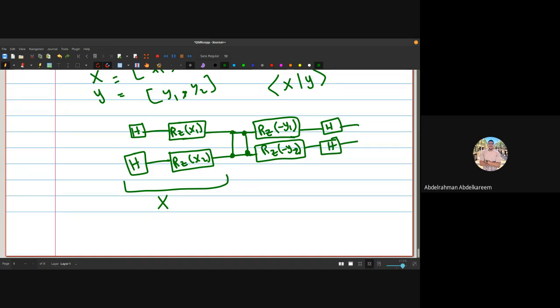So here we encoded the x vector, and here we encoded the y vector with the inverse of the Z feature map. So it's clear for now.